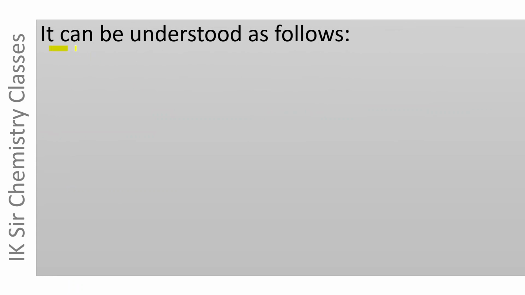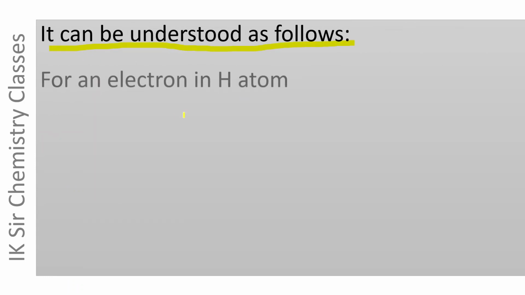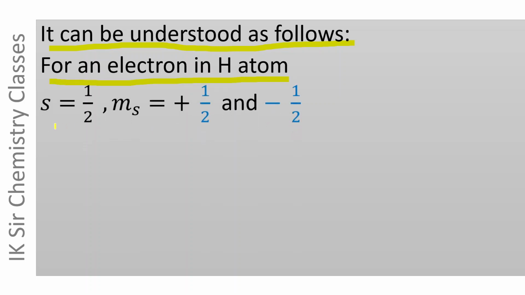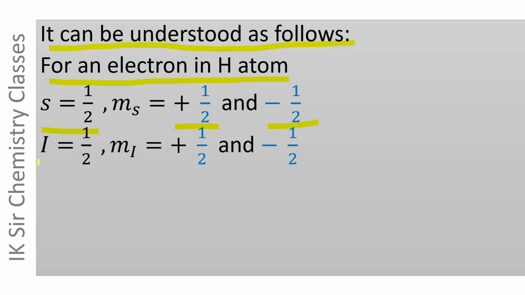It can be understood as follows. For an electron in a hydrogen atom, S is equal to half and ms may be plus half and minus half. I for the nucleus of a hydrogen atom is half, and accordingly mI will also be plus half and minus half. For each value of ms of the unpaired electron, mI can have two values.